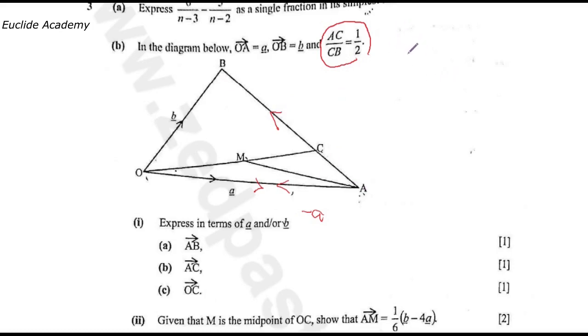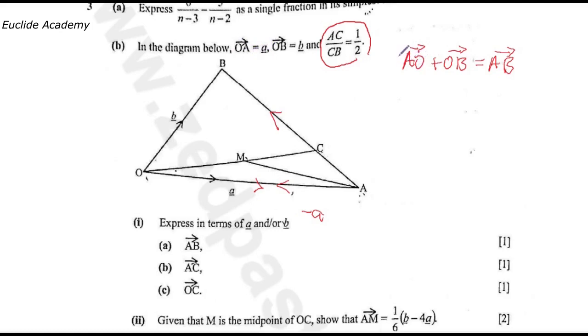Because if we want to find the vector AB, then we have to add the vector AO plus the vector OB. That will give us the vector AB. We don't have the vector AO, we have OA.